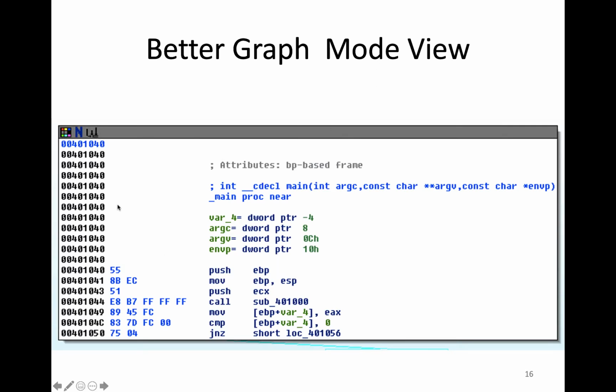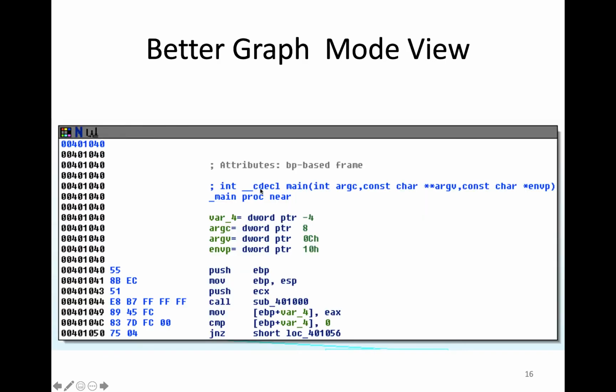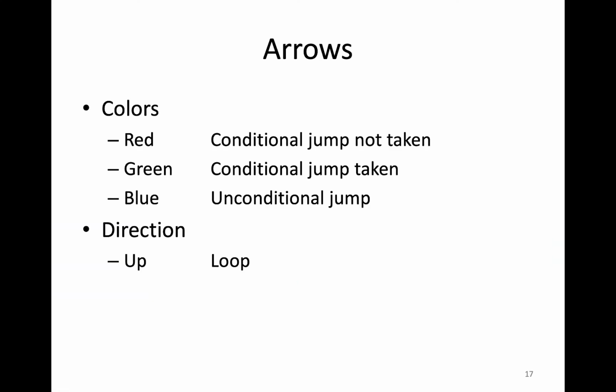If you enable line prefixes, it will allow you to see some of the address space in the graph mode view. And you will find arrows for different control structures. A red arrow will be a conditional jump not taken. Green will be a conditional jump taken, and blue will be an unconditional jump.